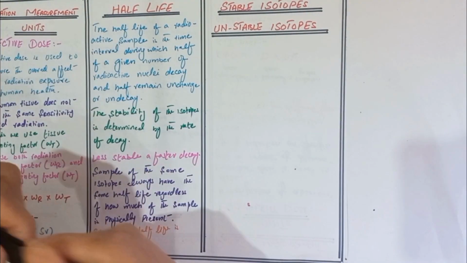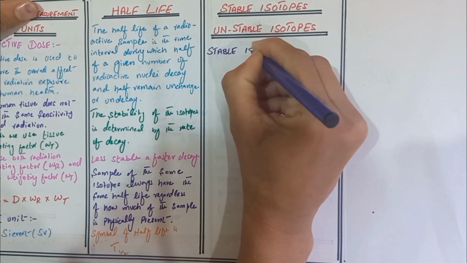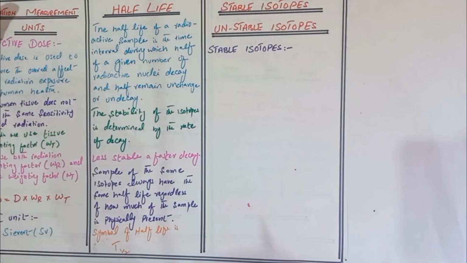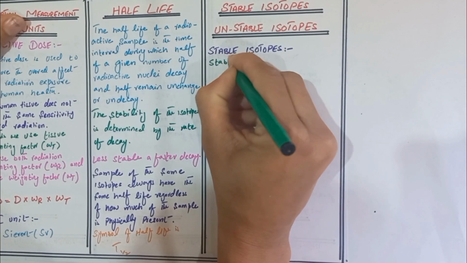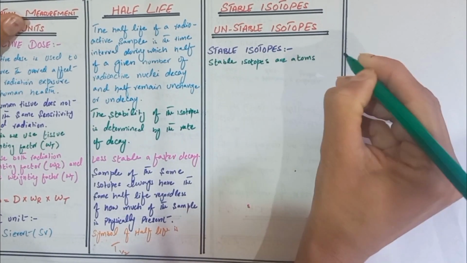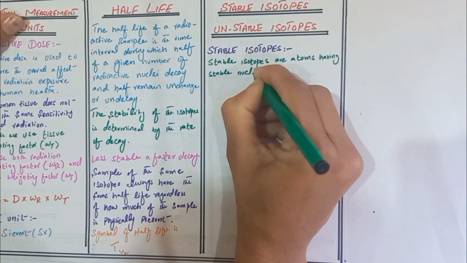Now we discuss the topic that is the stable isotope or unstable isotope. First we discuss the stable isotopes. What are the stable isotopes? Stable isotopes are atoms having stable nuclei.